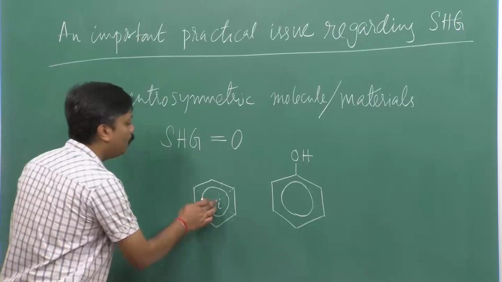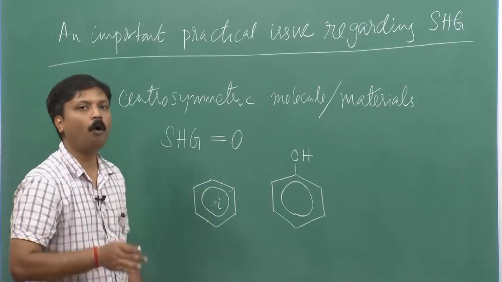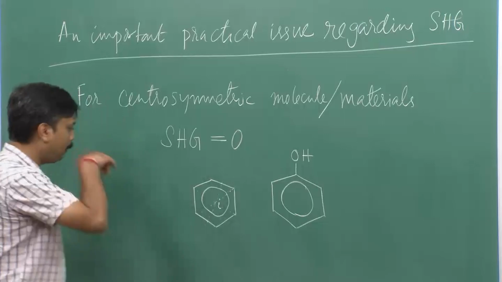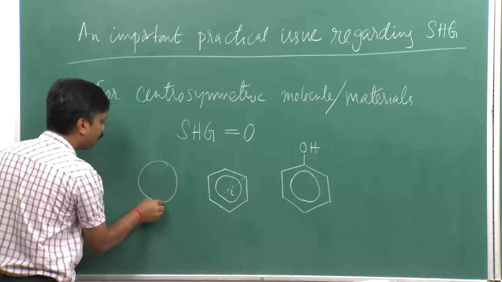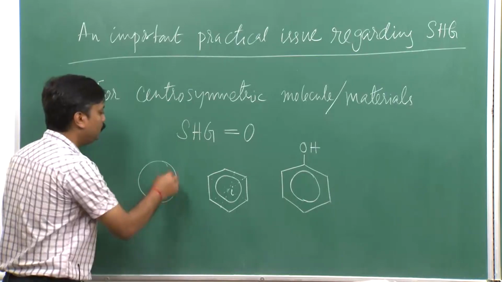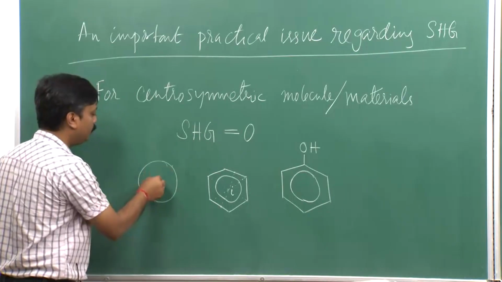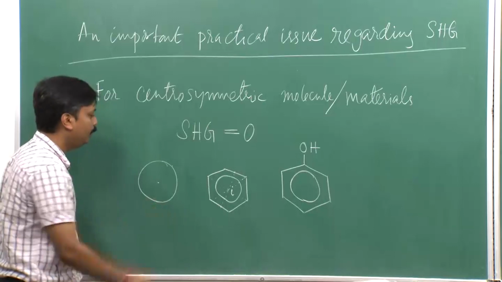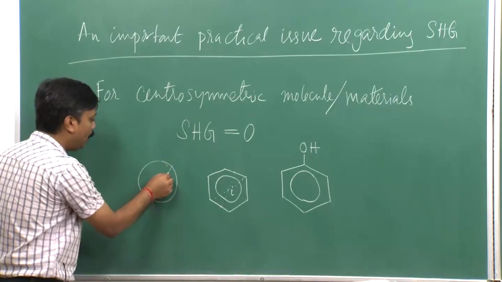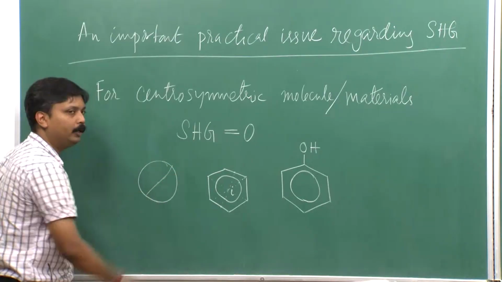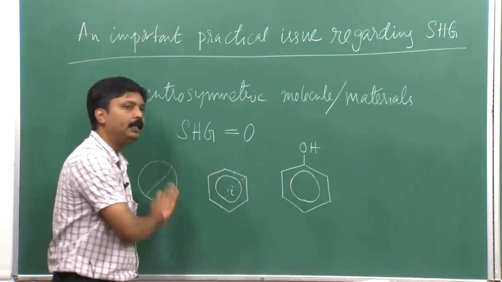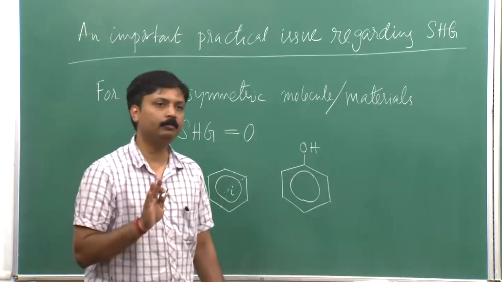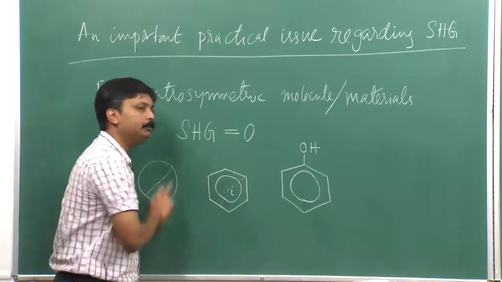So, that is why whenever any molecule or material, if I take for example a sphere, it does not matter from where I start, if I pass through its center and walk equal amount, I will reach an equivalent point. Okay. So, this kind of molecule or material which has the center of inversion is known as centrosymmetric molecule.